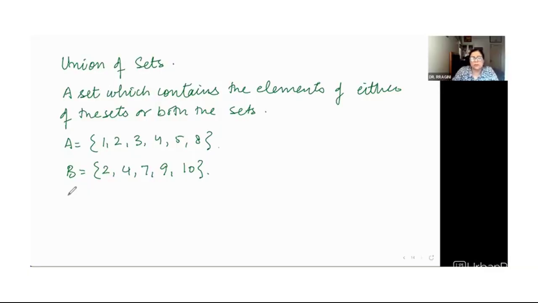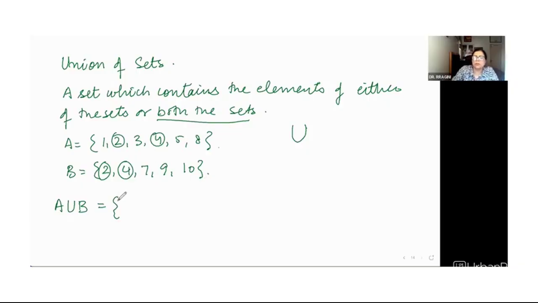First of all, the symbol for the union is U. A union B. Now union contains the elements of either of the sets or both the sets. What does that mean? You can see there are a few elements which are common to both the sets. 2 is there in both, 4 is there in both. Apart from that, this set has got different elements, this has got different elements.